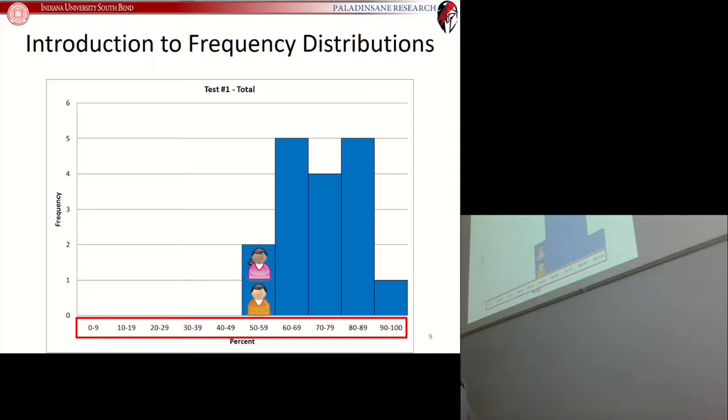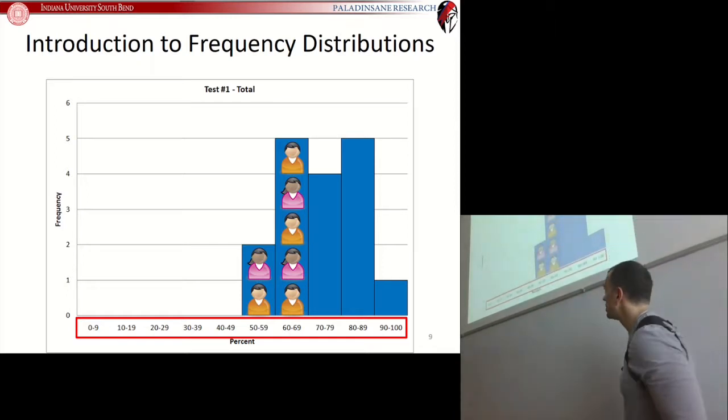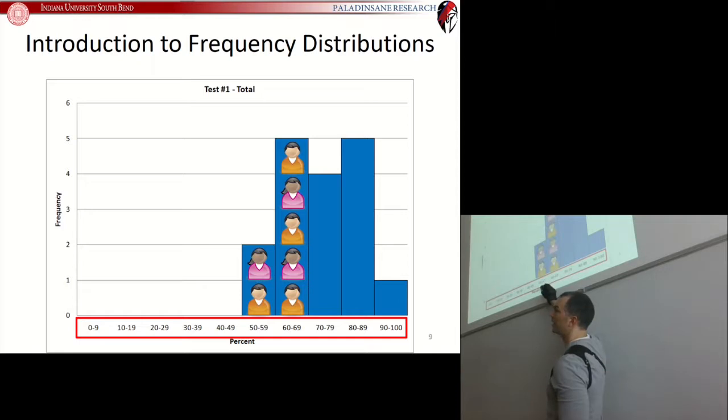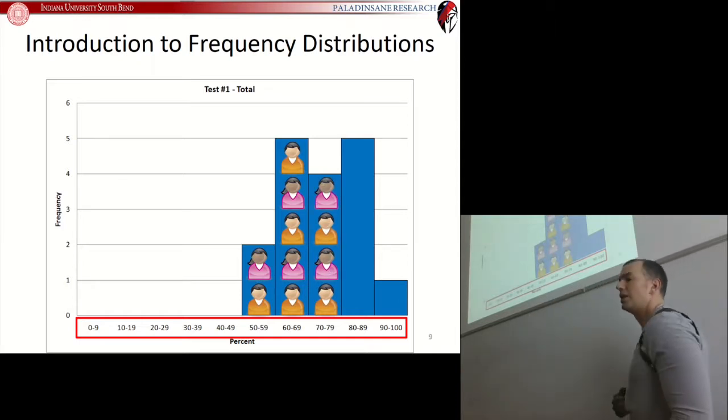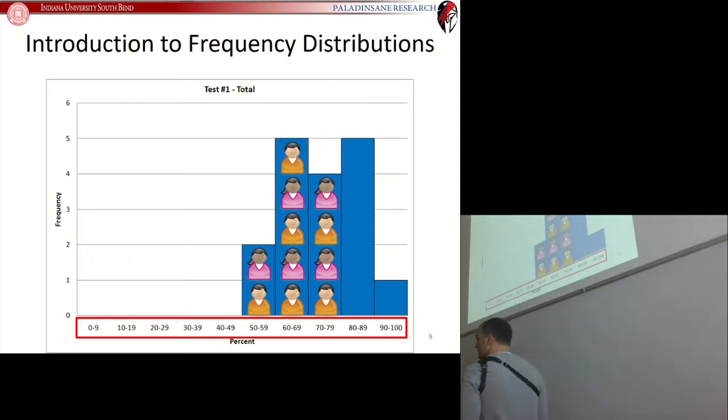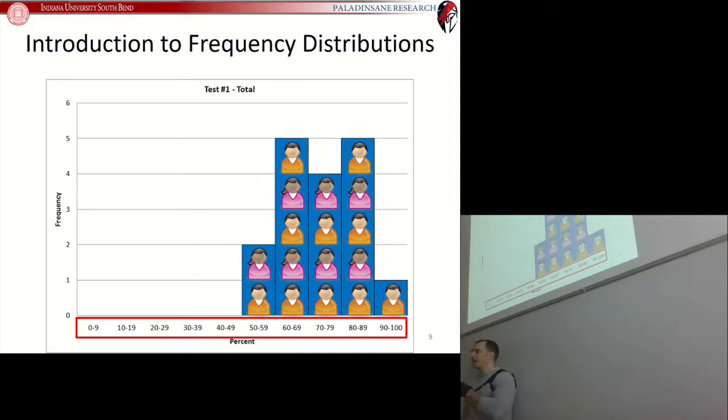On the next building over, we have 1, 2, 3, 4, 5 individuals stacked on top of each other. 5 individuals scored 60 to 69. Right next to that, we got 4 individuals who achieved scores between 70 to 79. And then continuing on, we got another tall apartment building with 5 individuals who achieved a score between 80 to 89. And then lastly, we got 1 individual who achieved a score between 90 to 100.